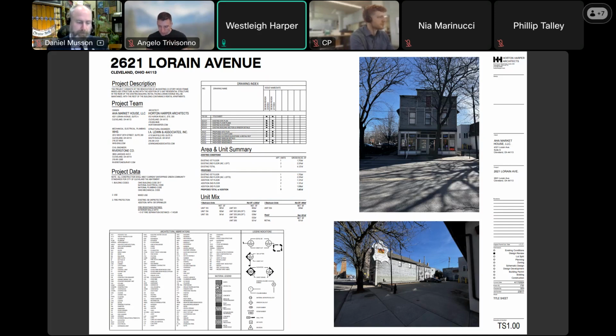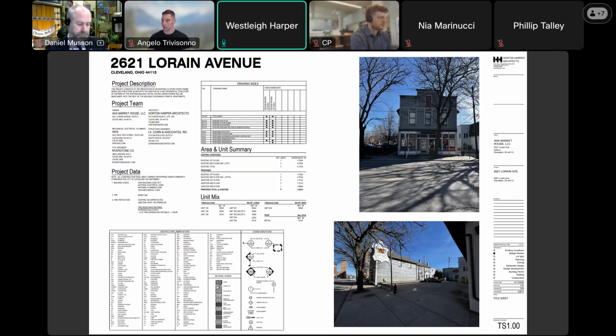As you can see from these images, the structure is kind of a false front profile that extends past the gable roof profile that defines the rear, or basically the entire length of the existing structure.